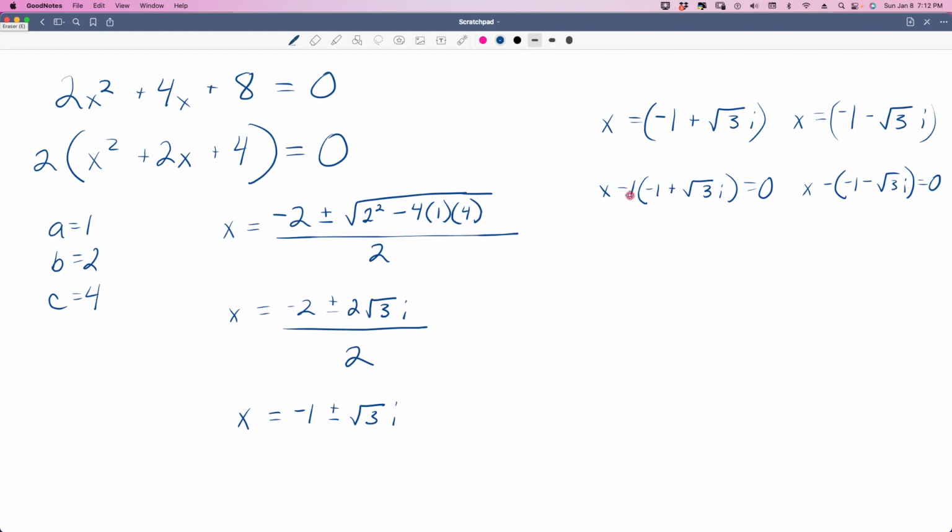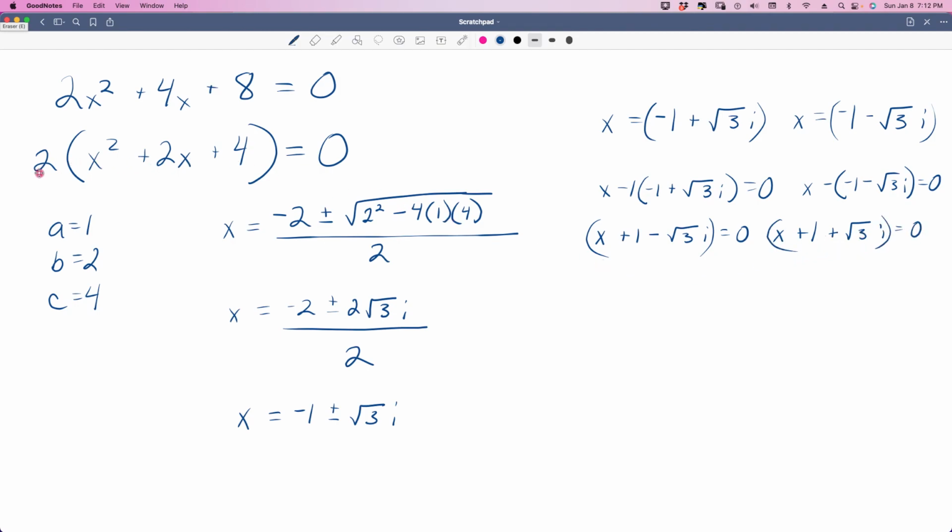We apply this negative 1 to everything, and x plus 1 minus the square root of 3i is one factor, and x plus 1 plus square root of 3i is equal to 0 is the other factor.